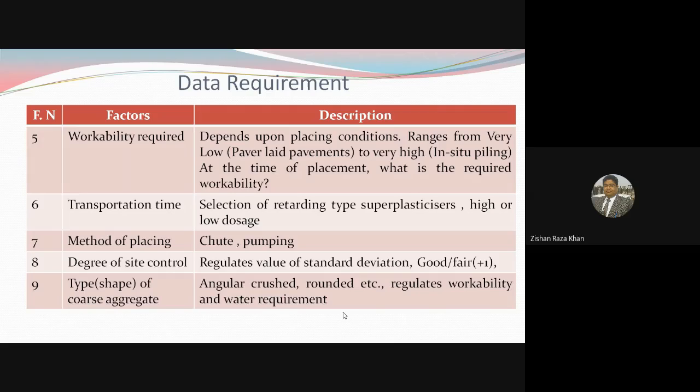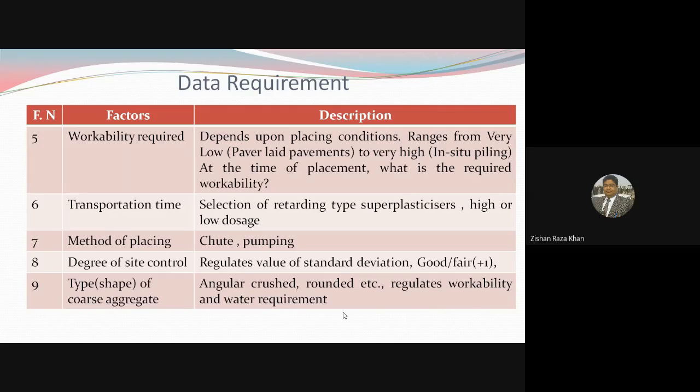Now, degree of site control is a very important factor again. It regulates the standard deviation, as we discussed the day before yesterday.